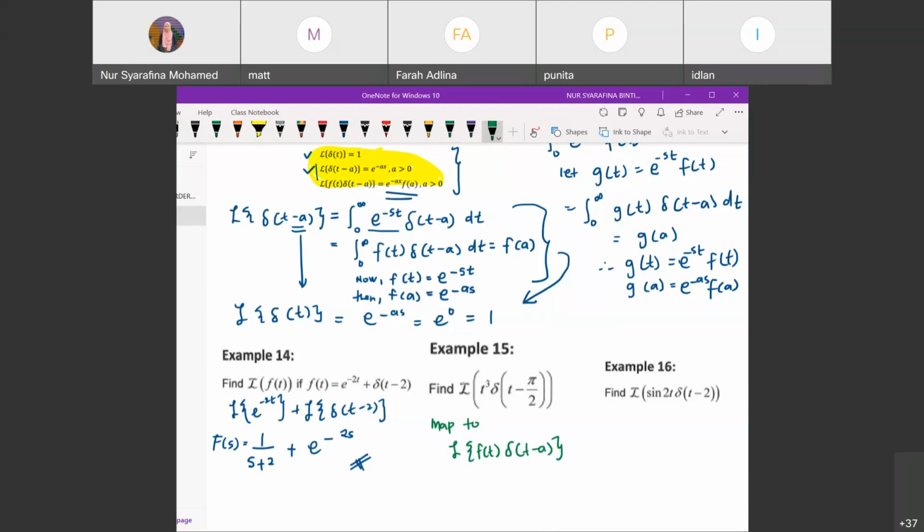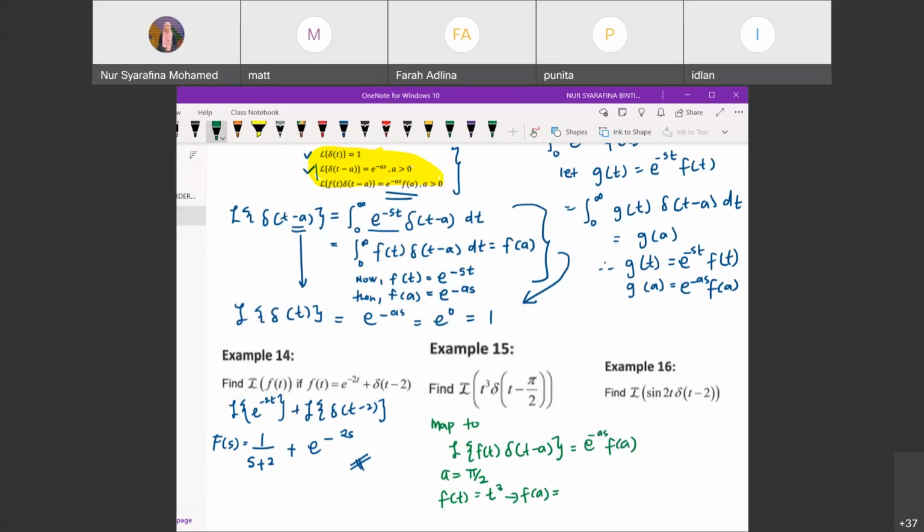Where your a is pi over 2. Am I right? And your f(t) is t cube. So when f(t) is t cube, then what is your f(a)? Because we have here equals e to the negative as f(a).